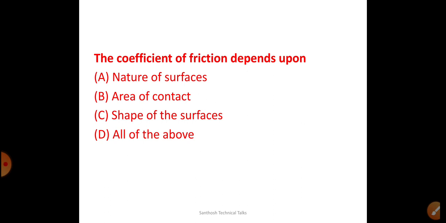So make this clear. Nature of the surface is very important rather than area of contact as well as the shape of the surface. So please be clear in this question.